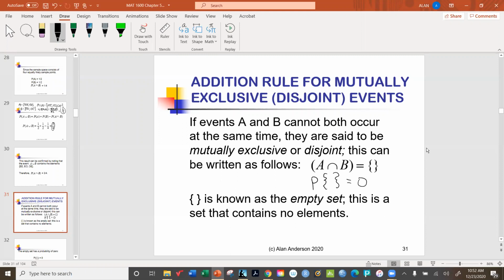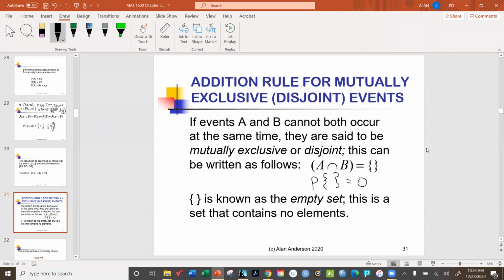This tells me that A and B cannot both be true at the same time. Imagine if my experiment consists of picking a card from a deck. A is the event that it's red. B is the event that it's black. Those are clearly mutually exclusive events because it is not possible for the card to be both red and black.